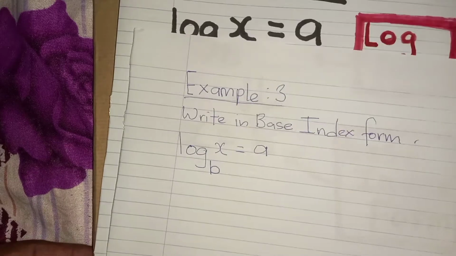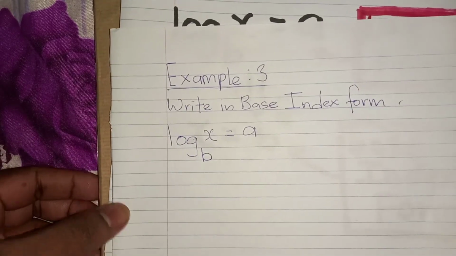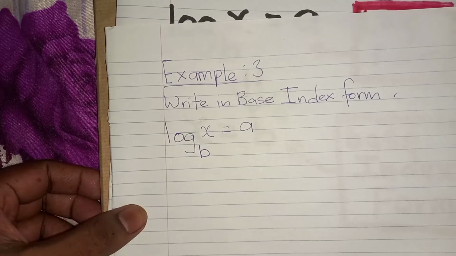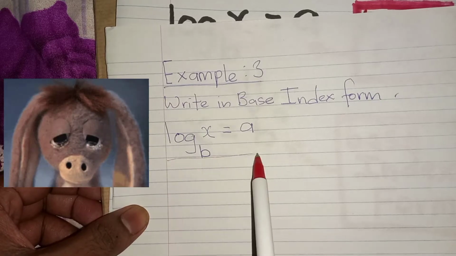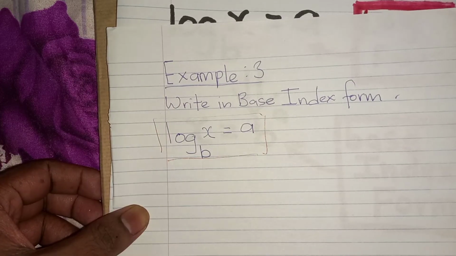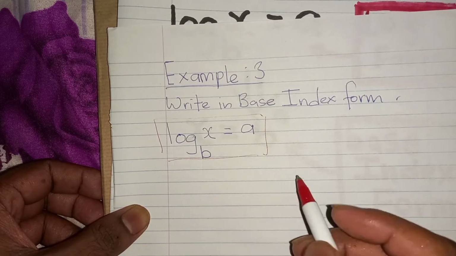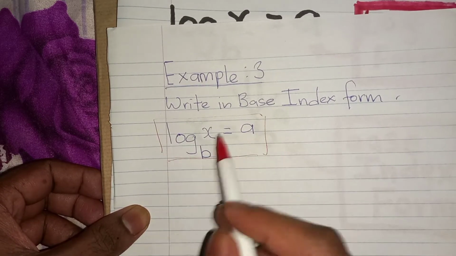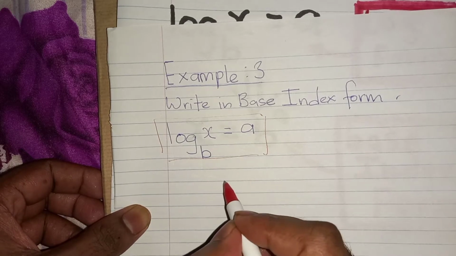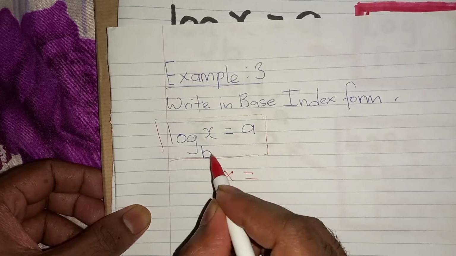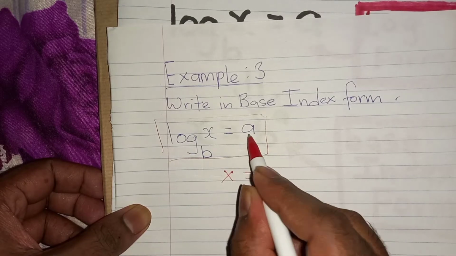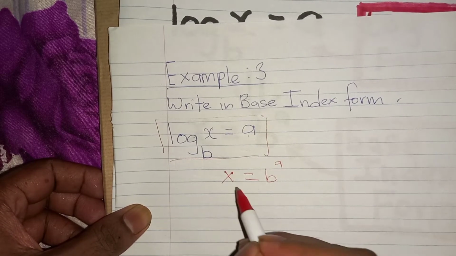Let's do another example. Example number 3, write in base index form. So this is the general formula for logarithmic form, and base index form will be x is equal to b power a, right?